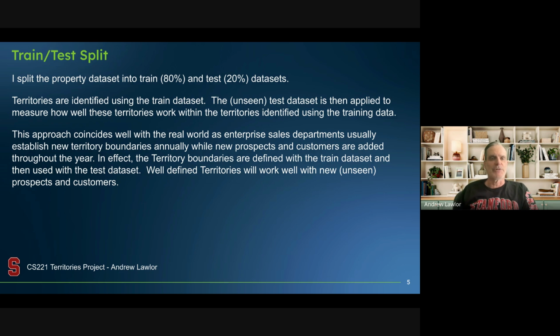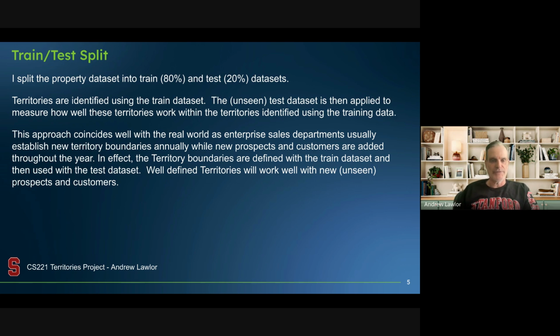We will split the data set into training and test, where the training data set will be used to set the centroids of the territories, and then the test data set will be used to work with customers as they come into and out of the territories as they were defined during the annual process.